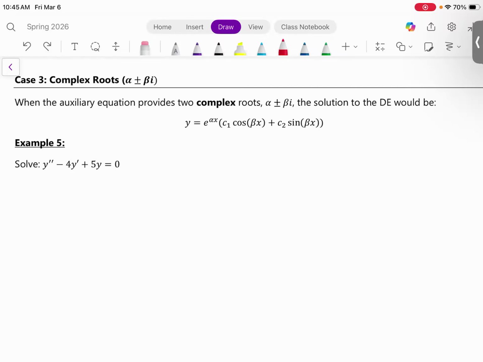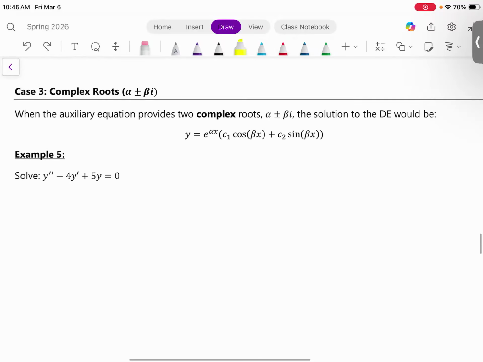In this video, we're going to be taking a look at our third case of the constant coefficient solution, where we have some complex roots when using the auxiliary equation. So when the auxiliary equation provides two complex roots, that would look something like alpha plus or minus beta i, some imaginary complex root.